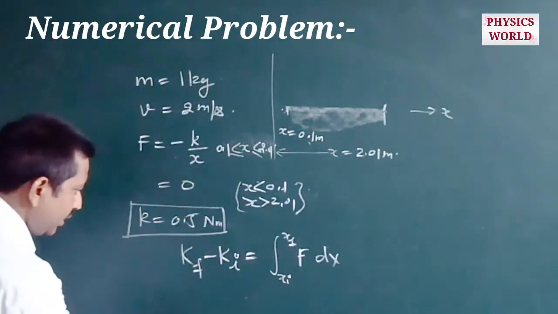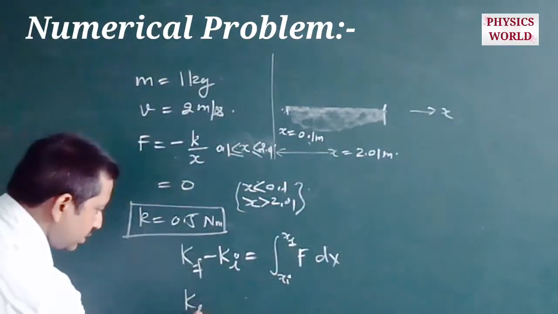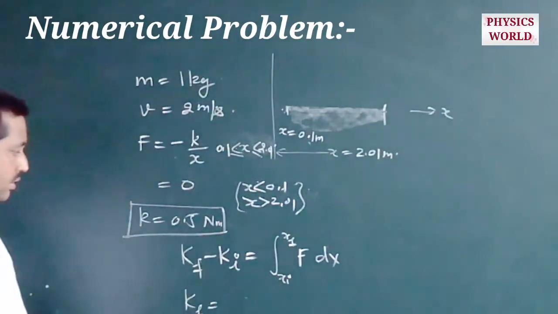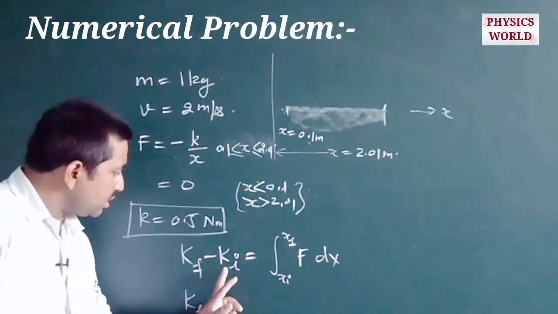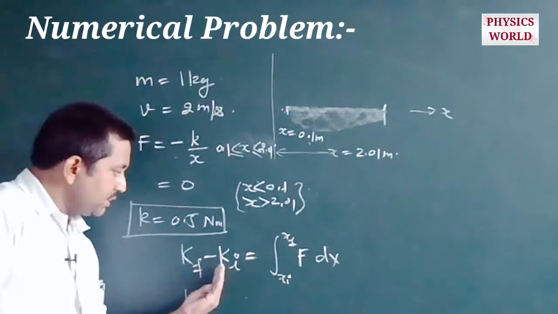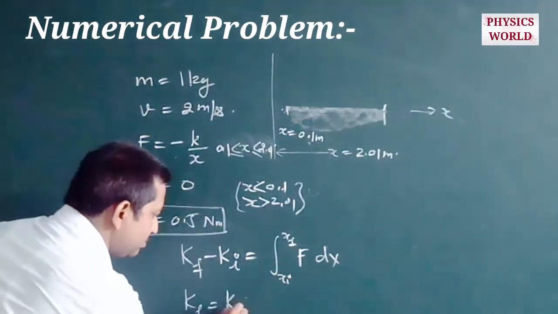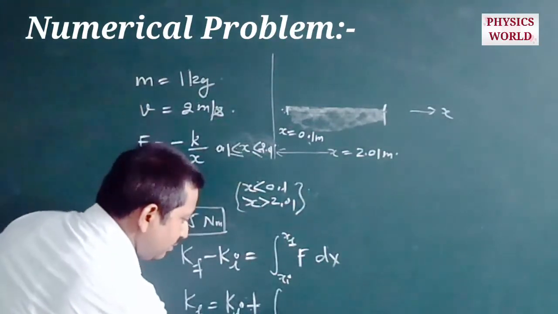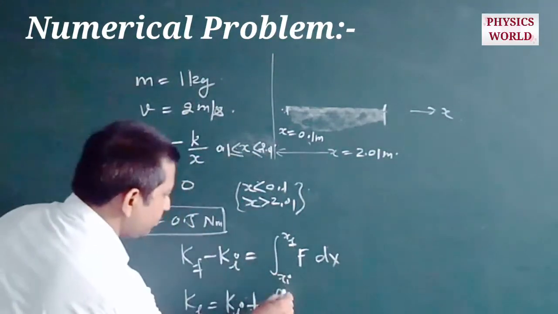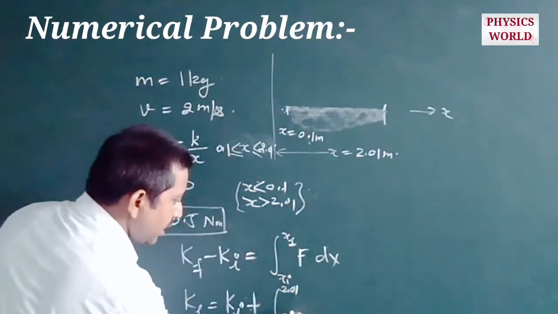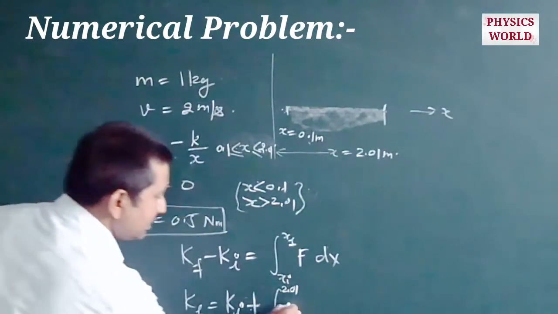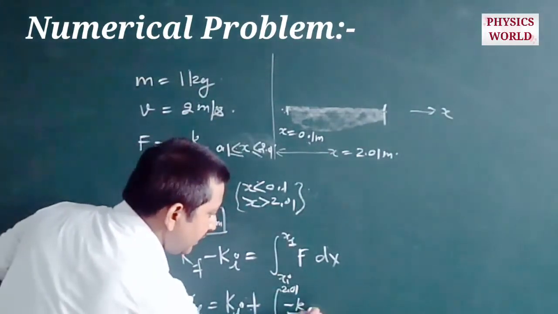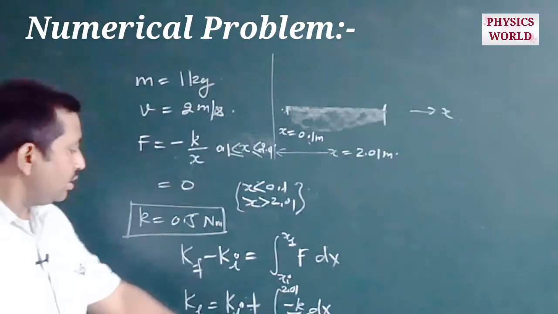If we transpose Ki to the other side, this becomes Kf equal to Ki plus the integral from 0.1 to 2.01 of F, that is minus k by x, dx.